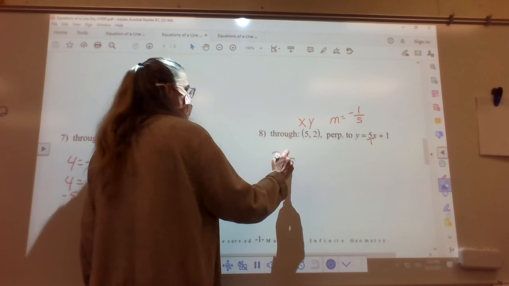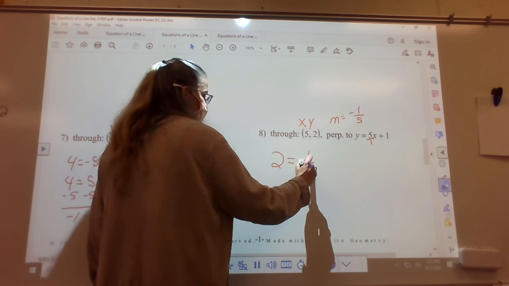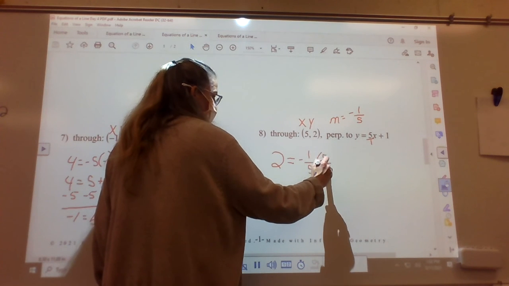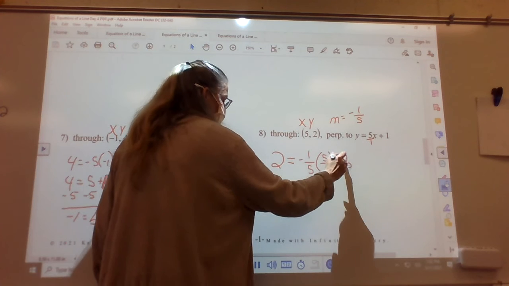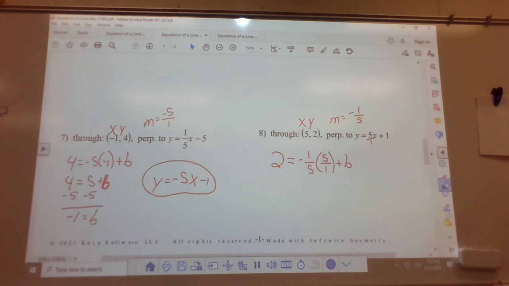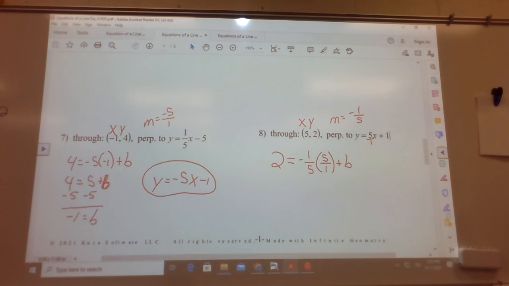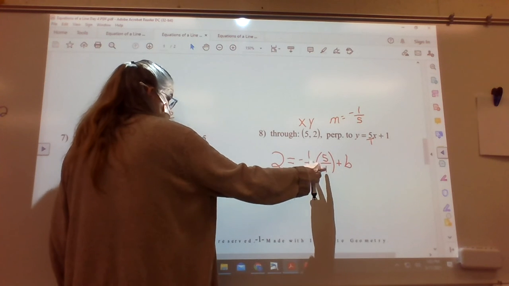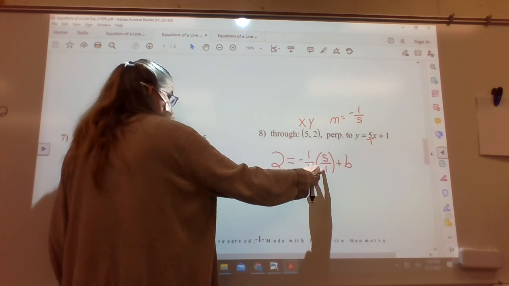y equals m x plus b. Well, this is the 5th period. I feel like I'm a broken record. Multiply top, multiply bottom. Negative 5 over positive 5. Negative over positive is going to give me a negative 1.